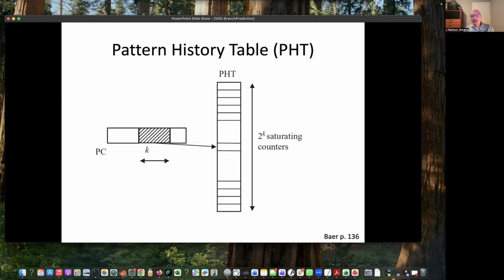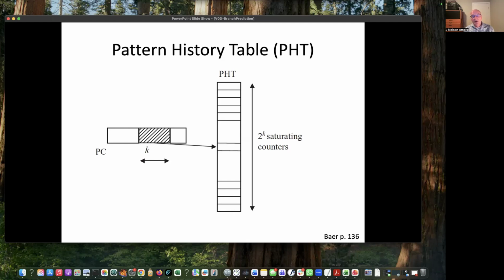And now I'm going to index the table using some bits of the program counter. As you can see in the picture, I'm going to use k bits, and those k bits will not be the lowest k bits of the PC, because that could end up with many branches addressing the same entry in the table.